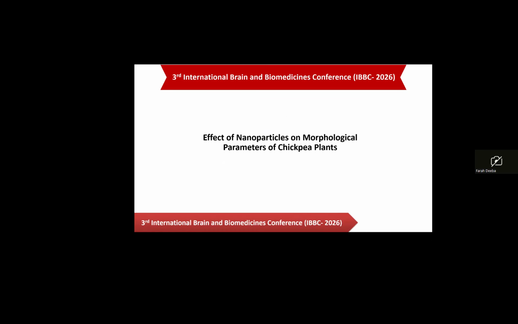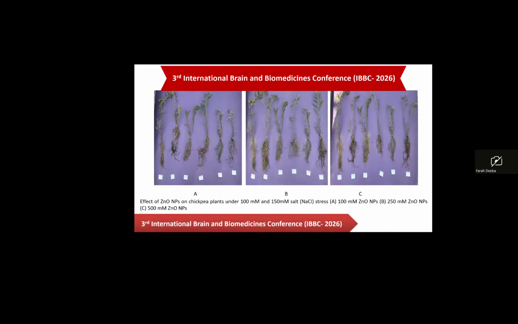Then nanoparticles were foliarly sprayed, and the morphological parameters of the chickpea plants were recorded. This slide shows the effect of the nanoparticles. This is the visual response of the chickpea plant under different nanoparticle and salinity treatments. Salt stress generally reduces plant vigor, but nanoparticle-treated plants showed comparatively improved growth.